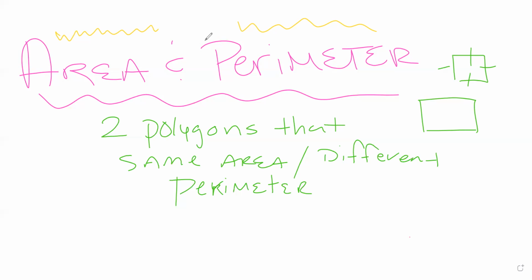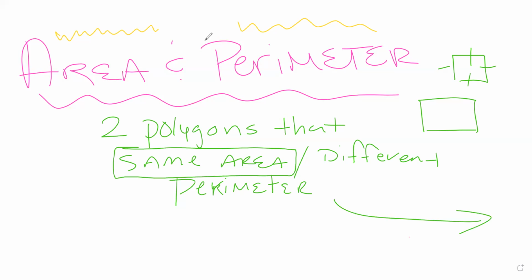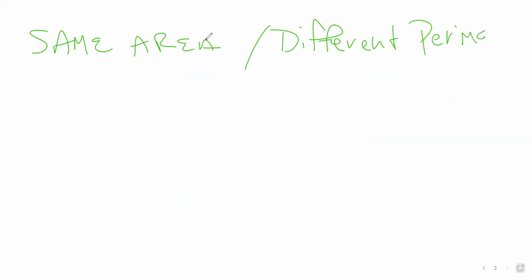So if we're thinking about setting up the same area, we want same area but different perimeter. If we're focusing on area, then we know we're working around multiplication.